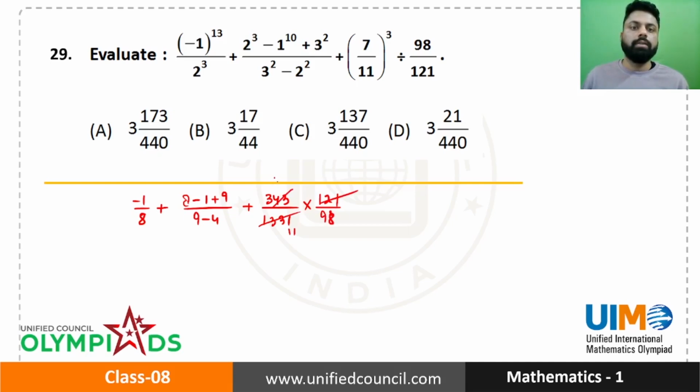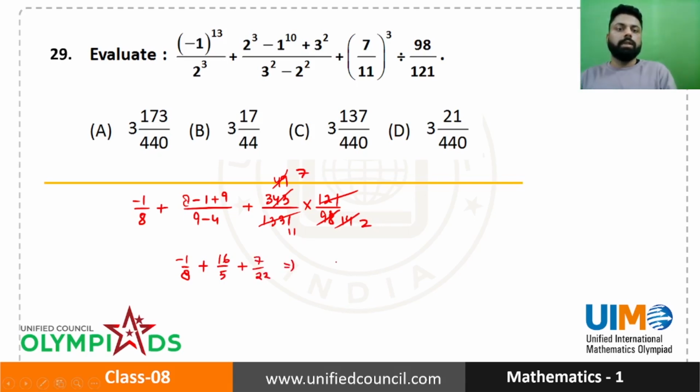For 7 49, for 7 14, for 7 2, for 7 7, minus 1 upon 8 plus 9 plus 8, this is 16 upon 5 plus 7 upon 22 plus 7 upon 22. So the LCM will be 22, 8 and 5: 2, 11, 4, 5. 11 into 4 into 5 into 2, that is 440.